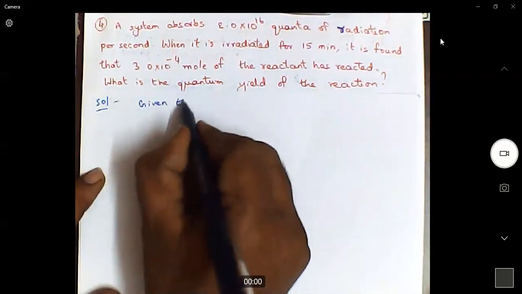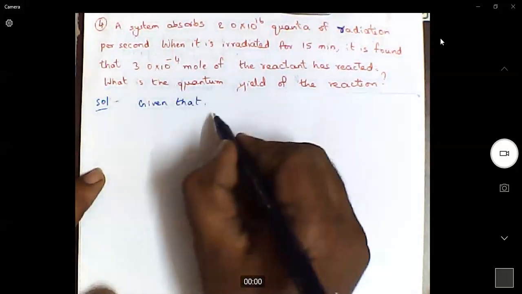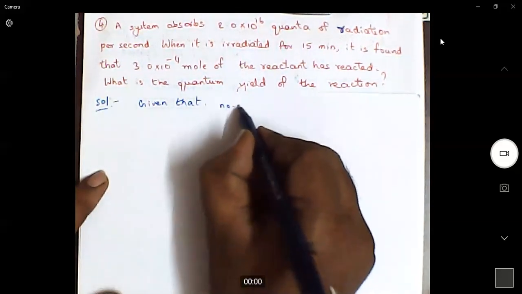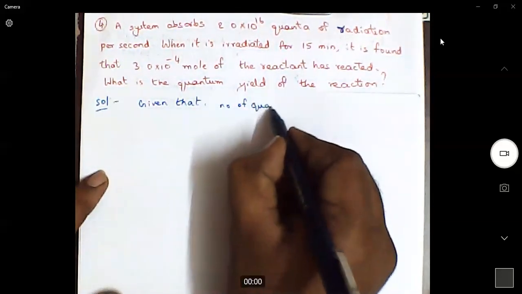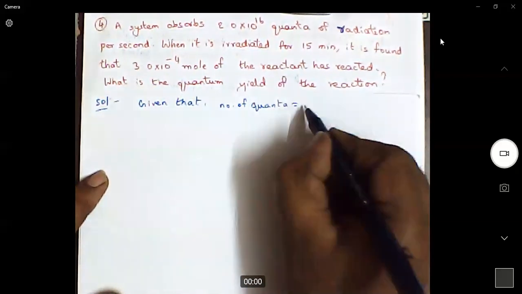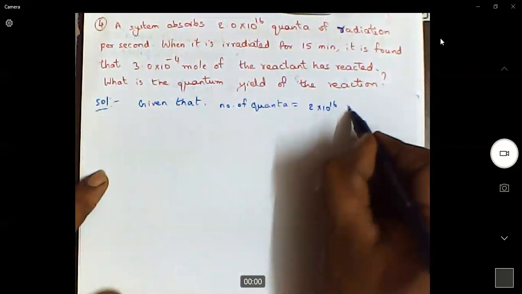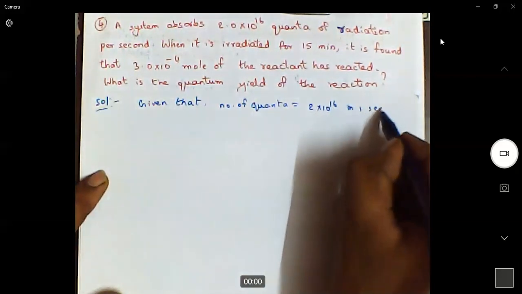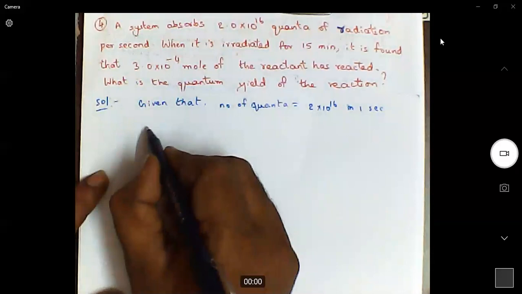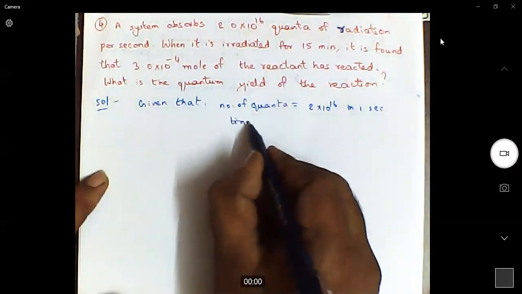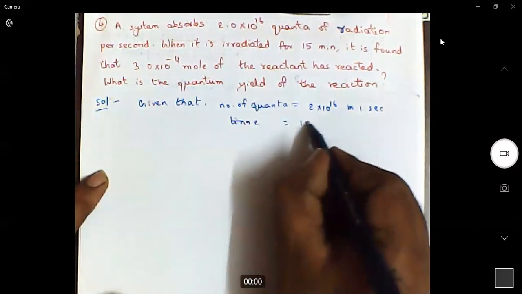Given that the number of quanta is equal to 2 into 10 power 16 in 1 second. Time is 15 minutes.